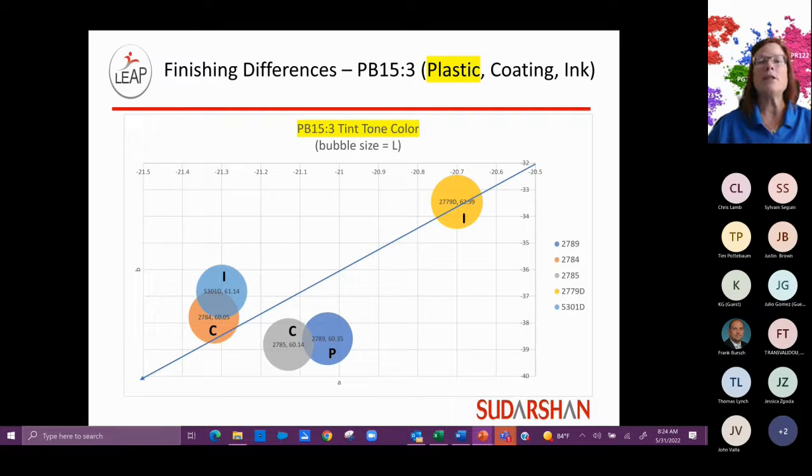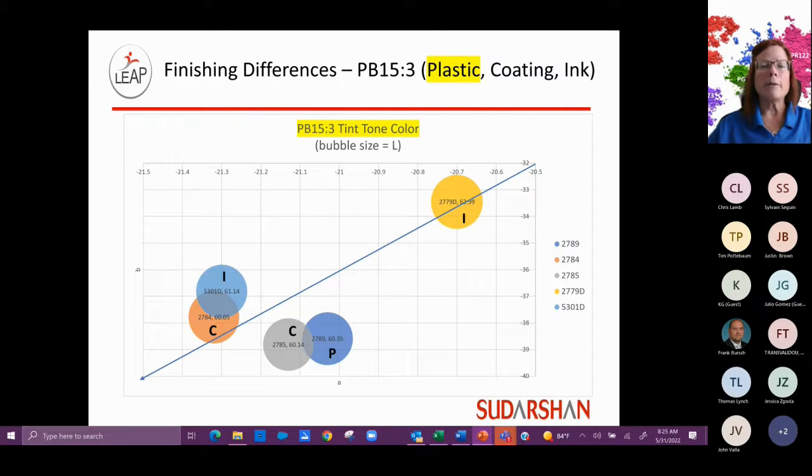If we take a look at the tint tone in the same plastic formulation, the groupings become a little bit more distinct, where the one ink grade does stand out even more than the other two. The scale on this chart is much more narrow.